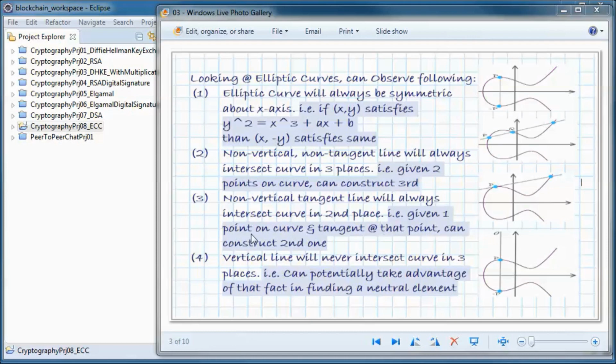So given 1 point on the curve and a tangent at that point, we can construct a second point. And we can also observe that a vertical line will never intersect the curve in 3 places. And we can potentially take advantage of that fact in finding or defining a neutral element.